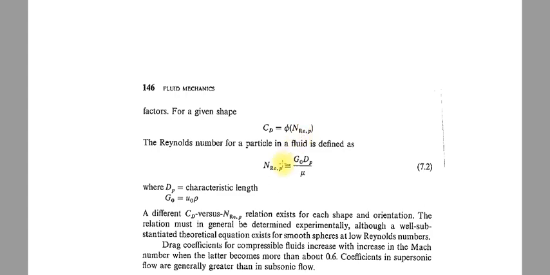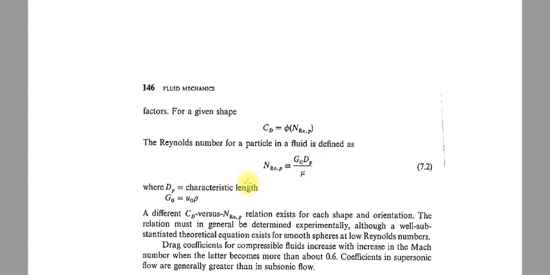So here Reynolds number equals G naught dp by mu, where G naught equals U naught rho. U naught is the velocity of the flowing fluid, rho is the density of the flowing fluid, mu is the viscosity of the flowing fluid, and dp is the characteristic length, or the diameter of the projected area.